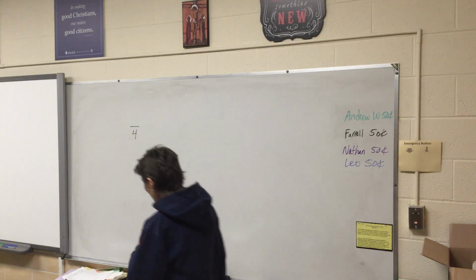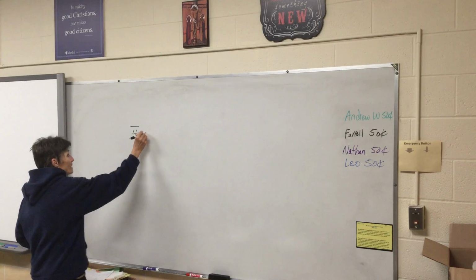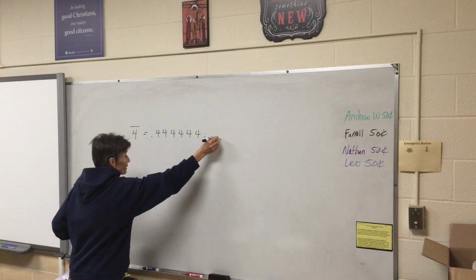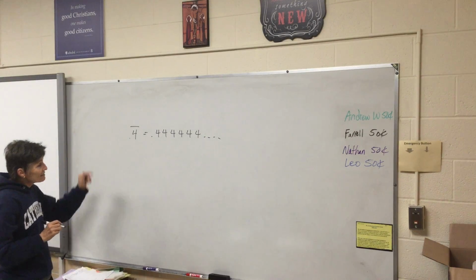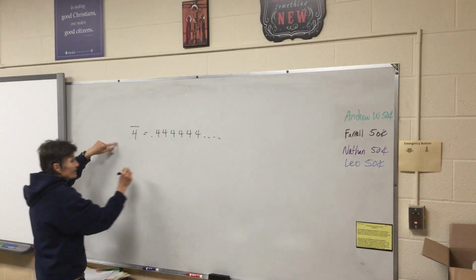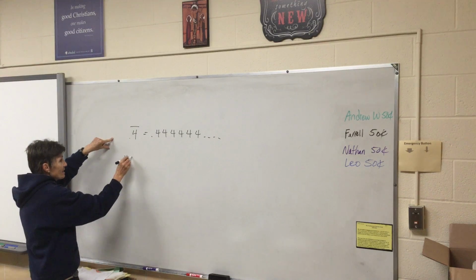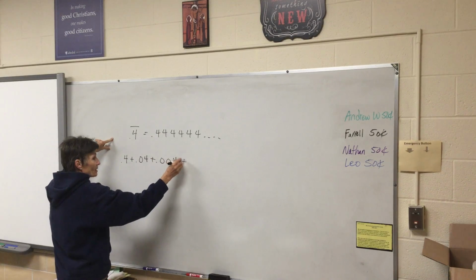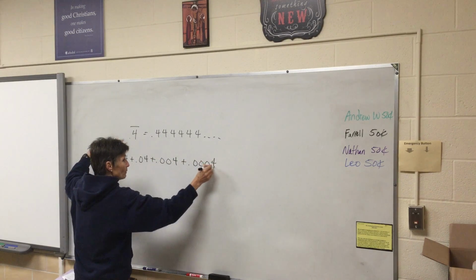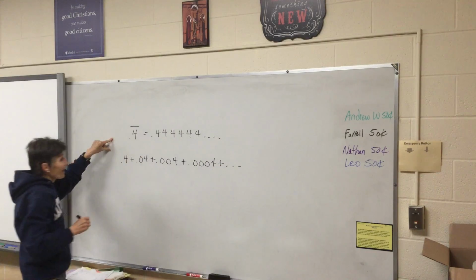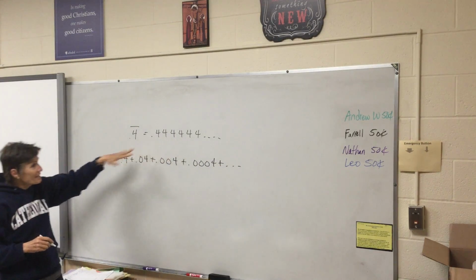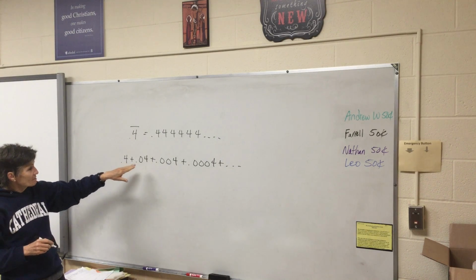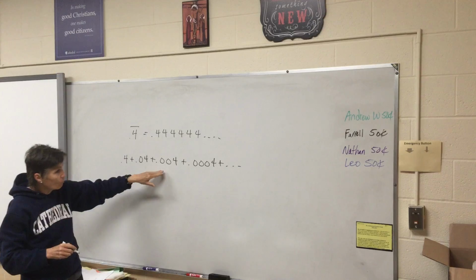Okay? Now, y'all know what 0.4 repeating means. It means 0.4, 4, 4, 4, 4, 4, and so on. Now, believe it or not, that can be written as a sum. Take a look at this for a second and see if you agree with me that I could break that repeating decimal up and think of it as 0.4 plus 0.04 plus 0.004.